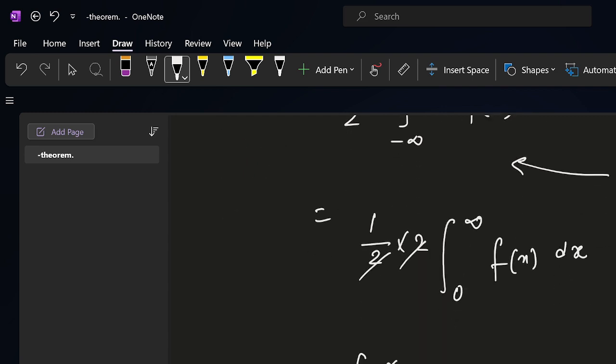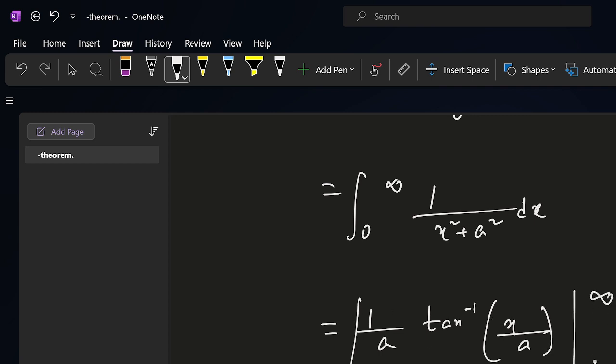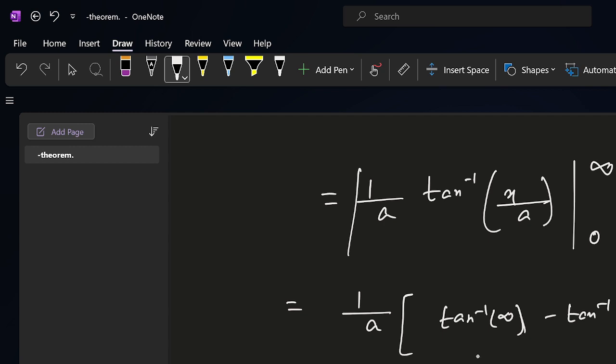So just do the integral then. This is a standard form of integral, 1 by x squared plus a squared dx. We know the formula is 1 by a tan inverse of x by a, and then you put the limits 0 and infinity. So it becomes 1 by a times tan inverse of infinity minus tan inverse of 0. You know that tan inverse is infinity when the argument is pi by 2, because cos pi by 2 is 0 in the denominator, which makes the value infinity.